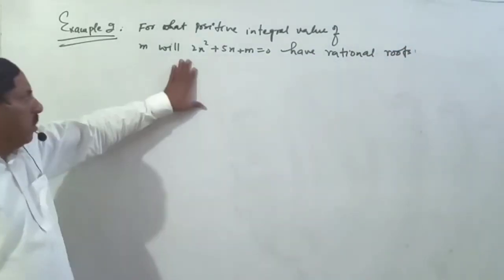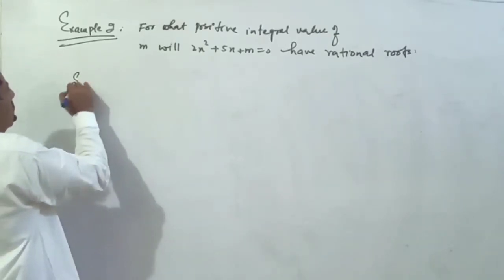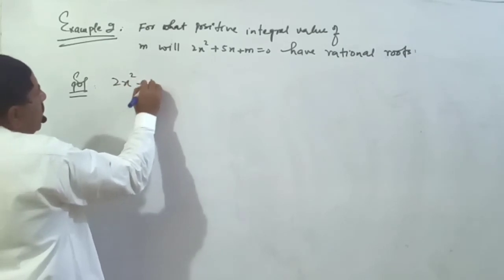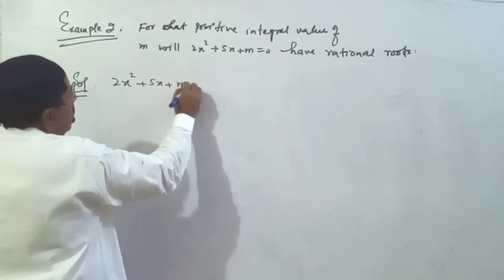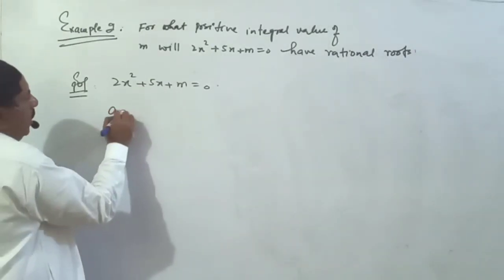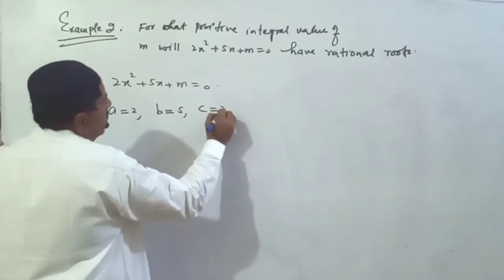Here 2x square plus 5x plus m. So solution: in 2x square plus 5x plus m is equal to 0, the value of a is equal to 2, the value of b is equal to 5, the value of c is equal to m.